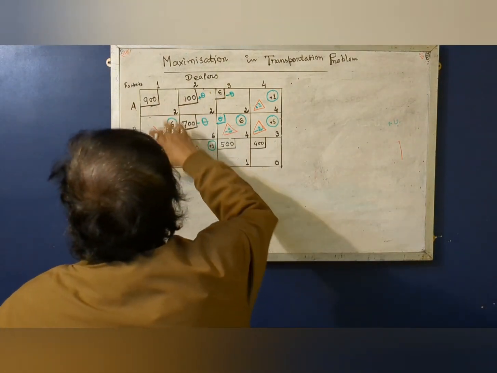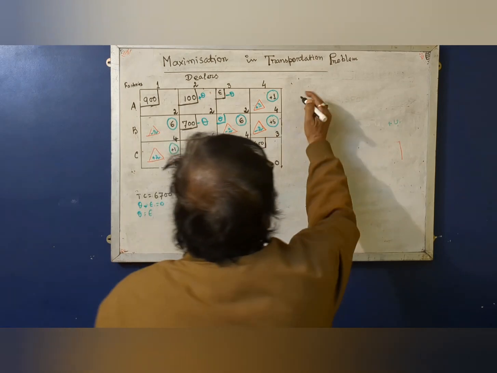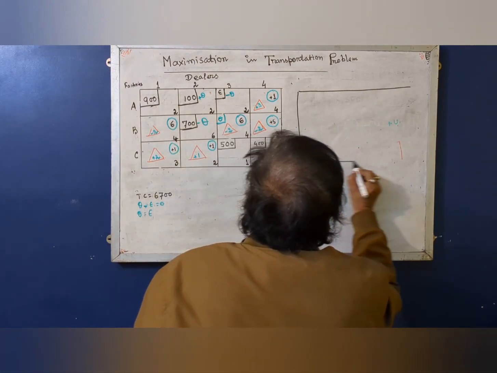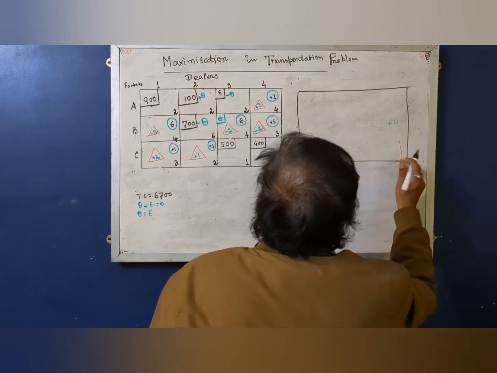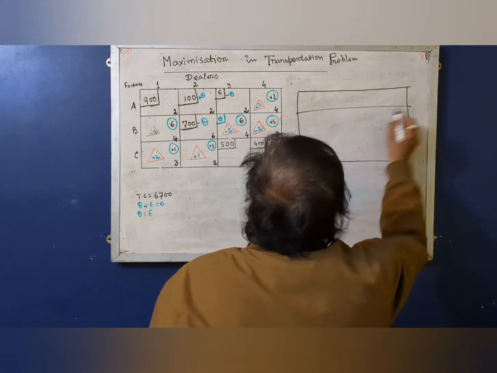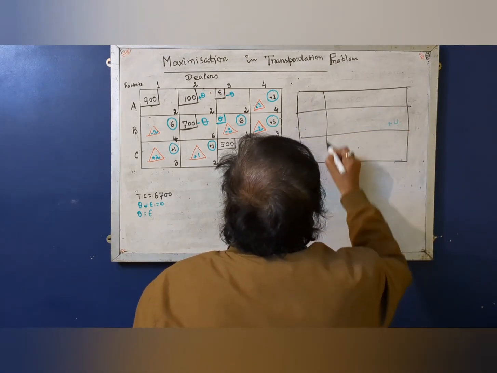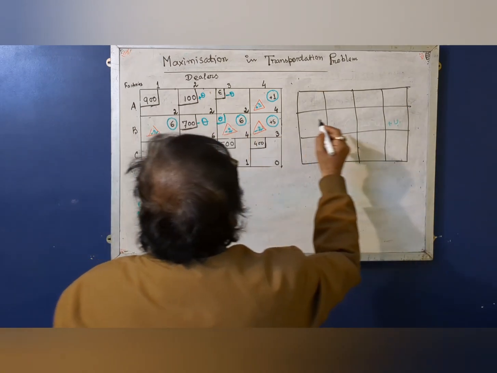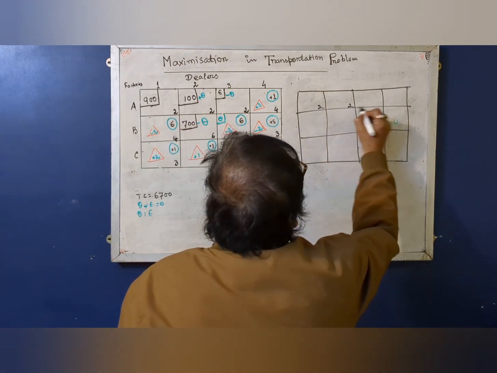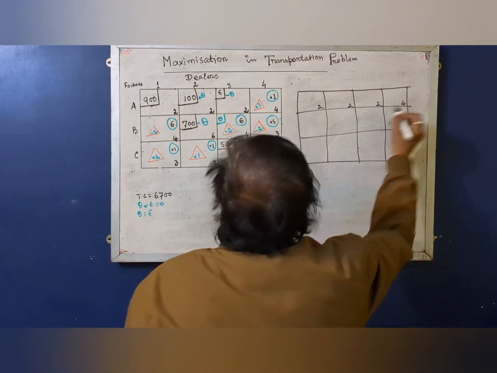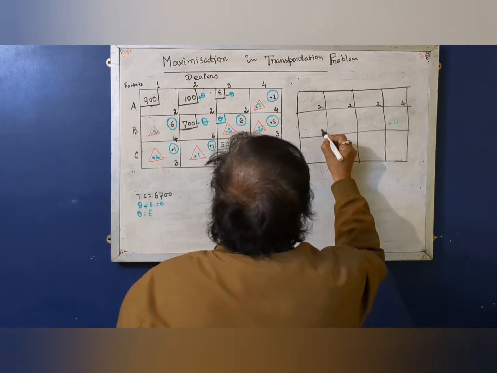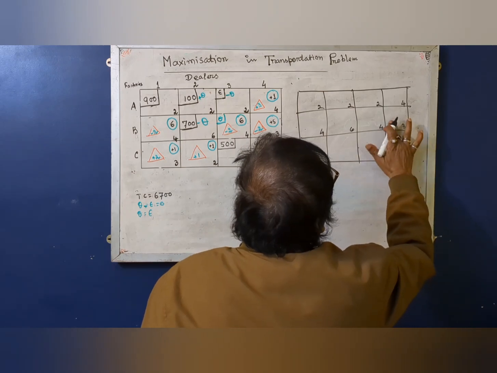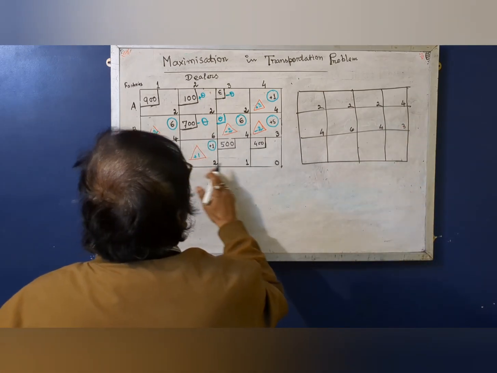So I am drawing a 3 by 4 matrix. 1, 2, 3, 4, 1, 2, 3, 4. The cost is 2, 2, 2, 4. 4, 6, 4, 3. And 3, 2, 1, 0.